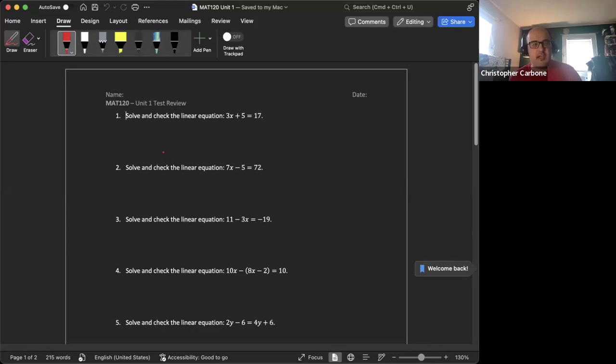The first question I have on here is to solve and check the linear equation 3x plus 5 is equal to 17. So we would first subtract 5 from both sides of this to get 3x is equal to 12.